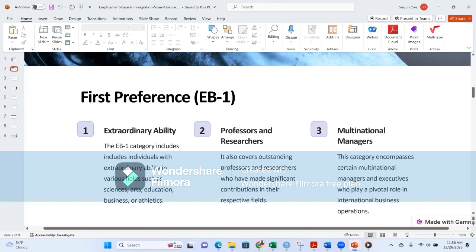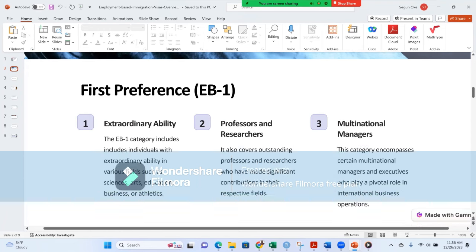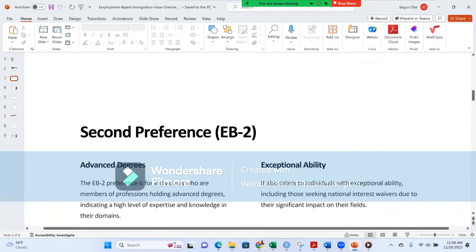Then category 3 comprises certain multinational managers, probably in your place you have already reached managerial level, executives who play a pivotal role in international business operations. So these also are useful to them.